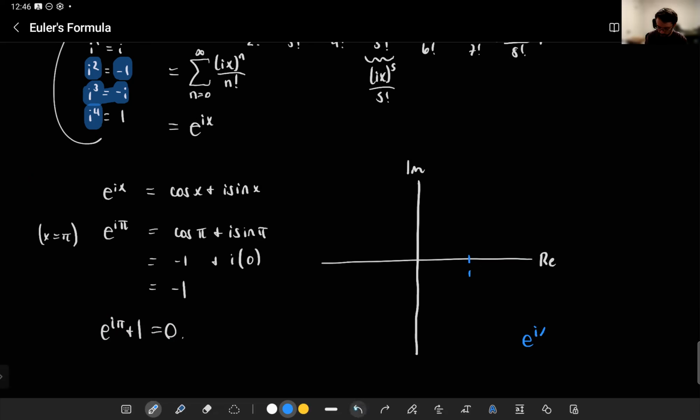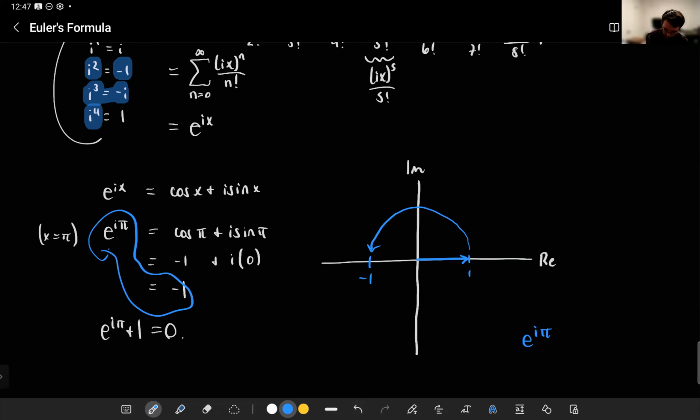In this case, we were talking e to the i pi, which is actually like saying, take this point and rotate it by pi radians. So rotating by pi radians puts you right over here, -1. So e to the i pi is -1 because rotating by pi radians gets you to -1.